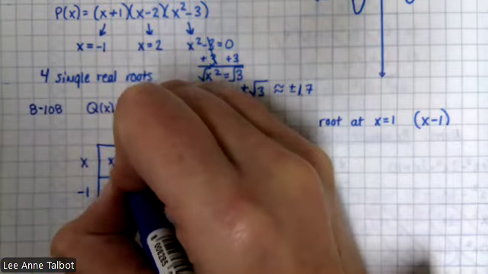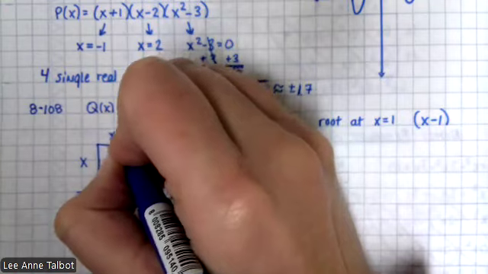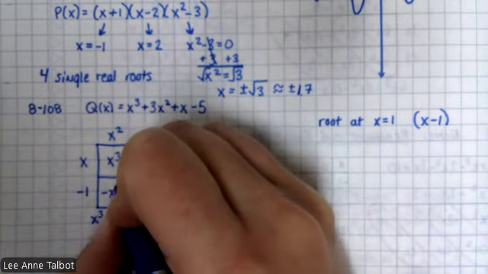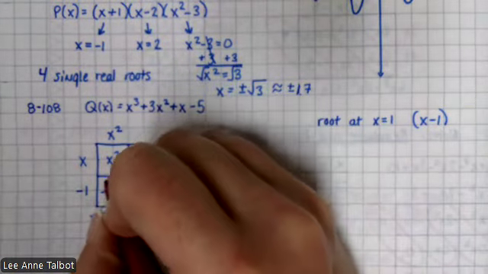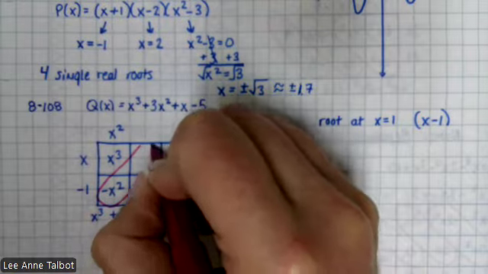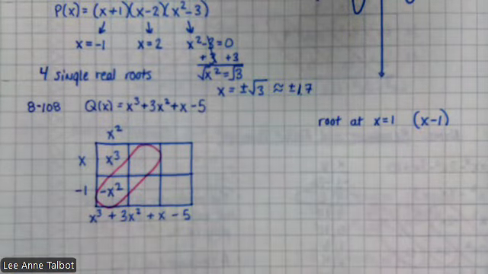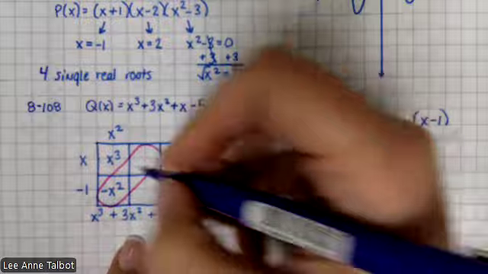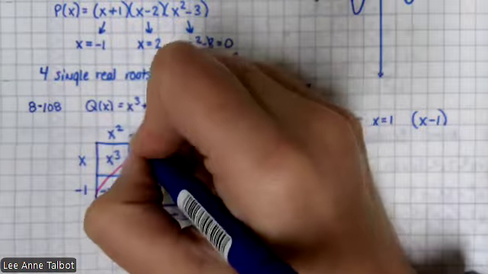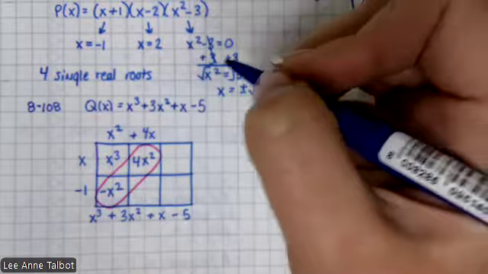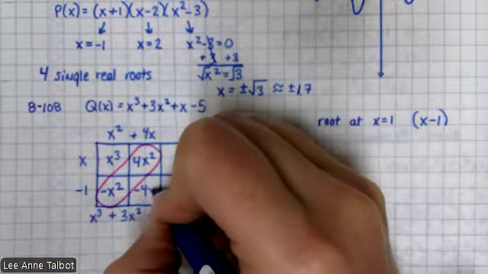Okay, x cubed, x squared, negative x squared. Four x squared, 4x, negative 4x.